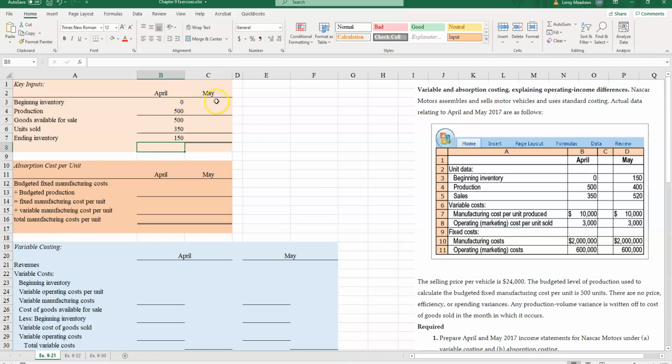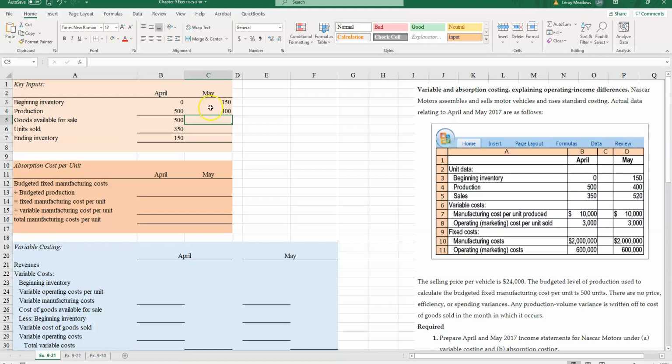Now let's look at the unit data for May. Remember, ending inventory for April is going to be beginning inventory for May, so I'm going to have 150 units in beginning inventory. I'm only using budgeted numbers to calculate the fixed manufacturing cost per unit. But how many did I actually produce in May? Well, I actually produced 400 units. So how many motor vehicles do I have for sale?